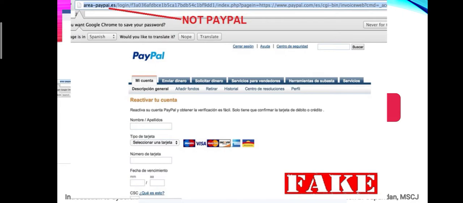What you can see on the screen is a fake PayPal website, which aims to collect your banking data and your credit card data for the purpose of replicating your details or banking data, using a fake card or fake documents, and then with that they can transfer your money to their accounts.